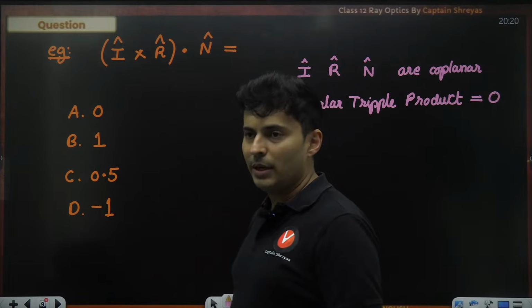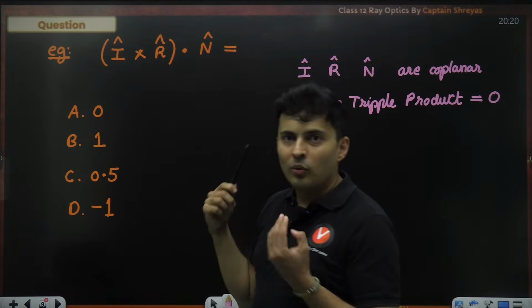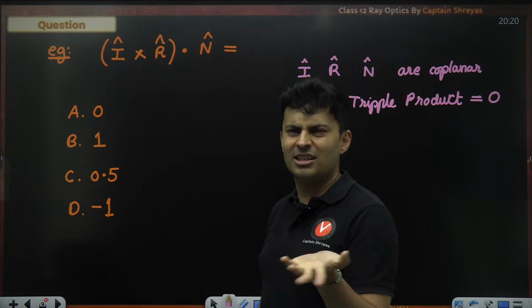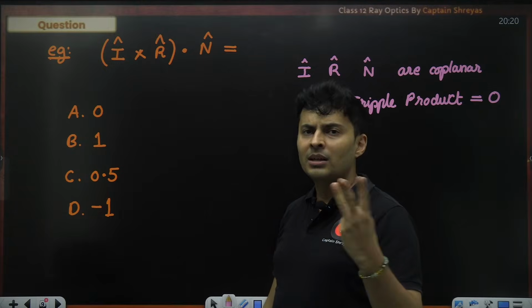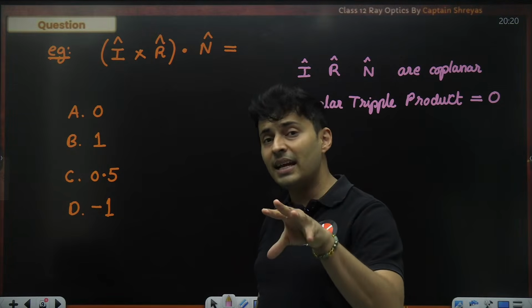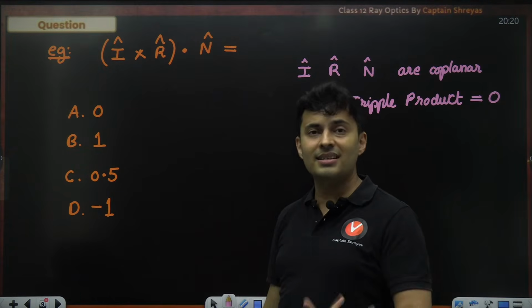This is a scalar triple product, if you noticed. Why is it a triple product? Because there are 3 vectors. Double product means just A cross B or A dot B. Triple product means 3 vectors have to be multiplied. Why is it scalar? Because the final outcome is a scalar.